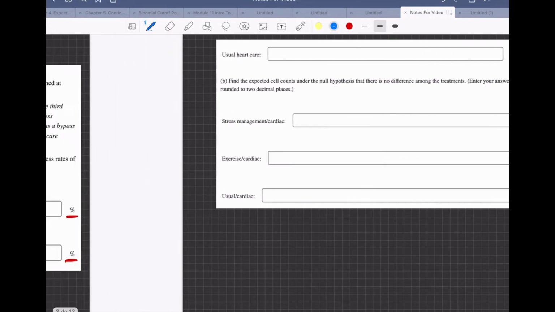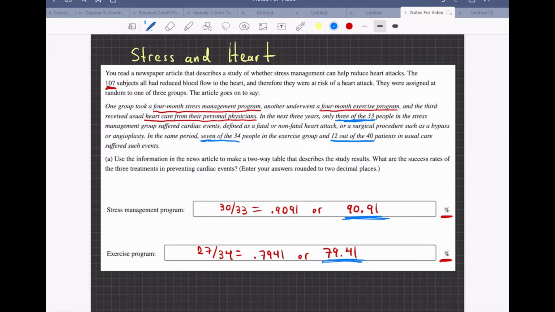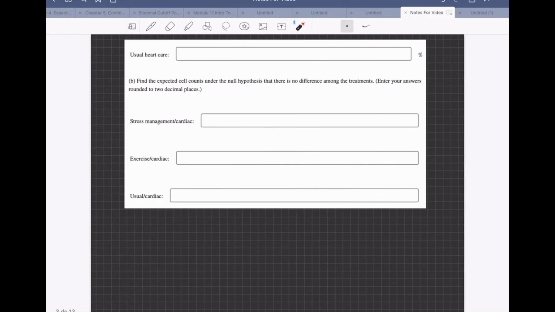For the usual heart care, 12 out of 40 suffered, so 40 minus 12 is 28 didn't suffer that. So it's 28 out of 40, which is 0.7, or in percentage, 70%.